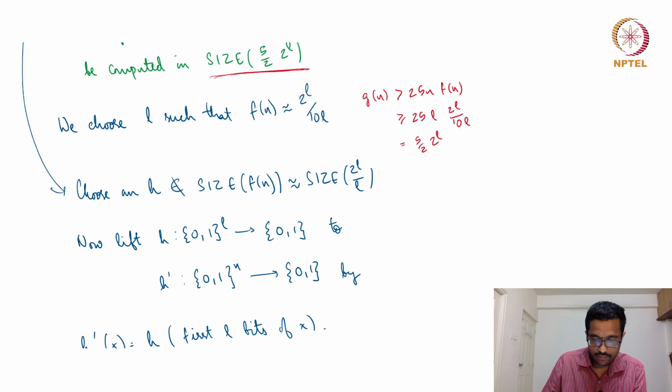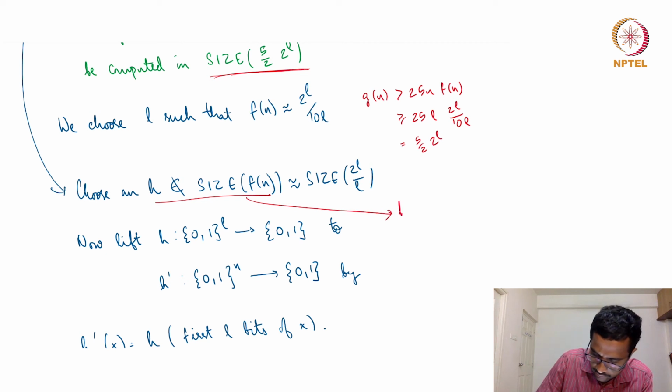So now choose such a function h that is not decidable with a circuit family of size 2^L divided by 10L, and this h will automatically be decidable in g, right? So this h, maybe I'll write that, h will also be in size g(n).